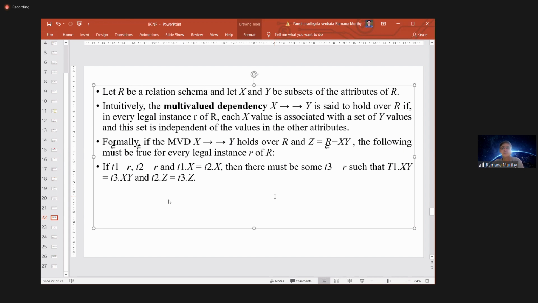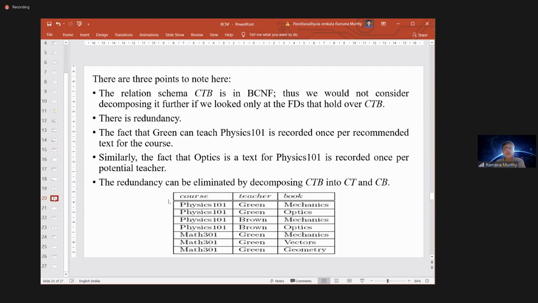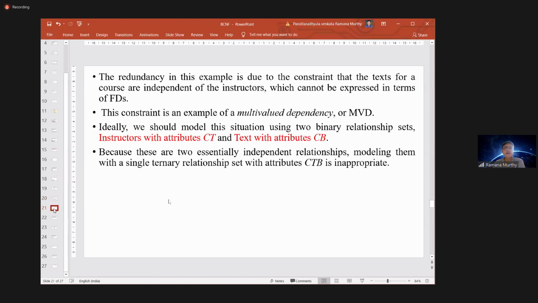There can be other values also. In the previous example, let X be course, let Y be teacher, and book is the other value, the Z value. We have a simple relationship there also.